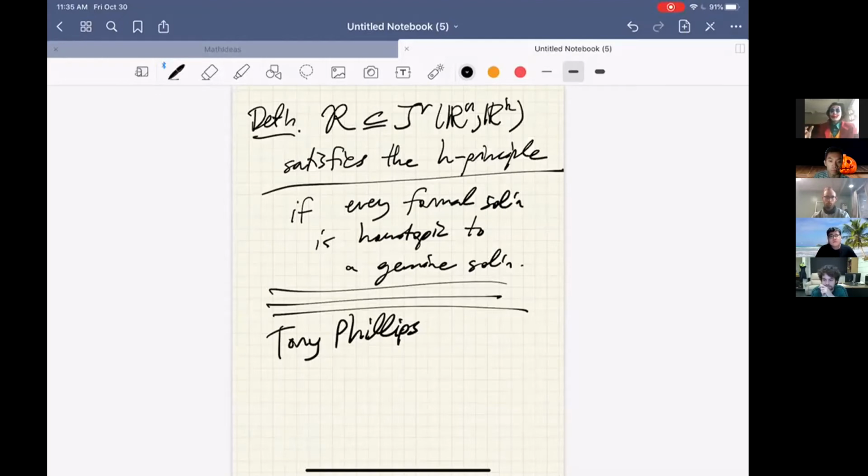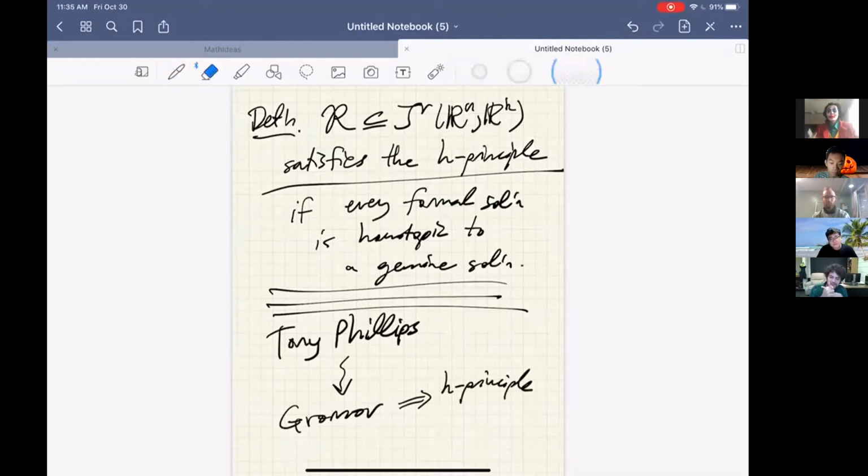He answered this question in his thesis, and he went to Russia, and he talked to Gromov, and he told him this idea. Gromov's mind exploded. Then Gromov generalized Tony Phillips' thesis to this thing called the H principle. And he started studying derivatives formally and attacking PDEs purely topologically.